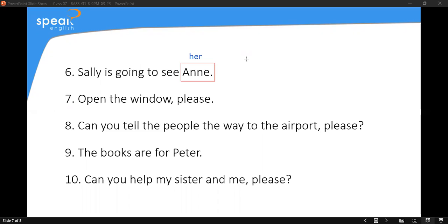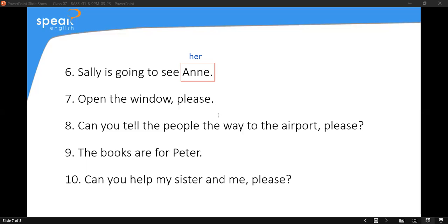Okay, Miguel Ángel, can you read the sentence number 7, please? Open the window, please. Okay, thank you very much. So in this sentence, what is the object?